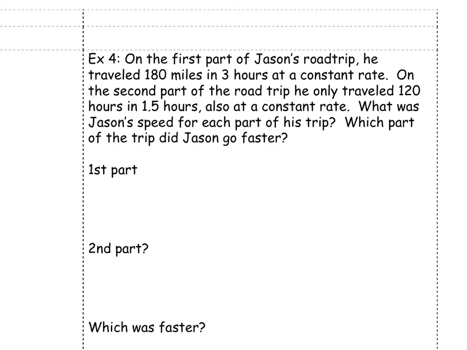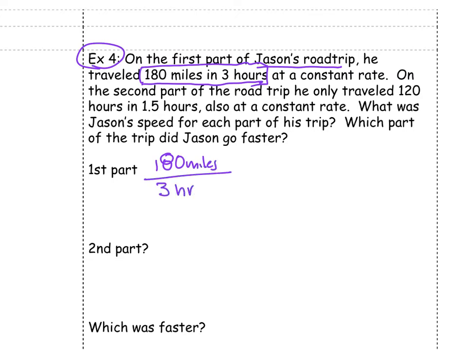All right, so for example 4, this is another road trip where there are 2 different parts. So the first part, Jason traveled 180 miles in 3 hours. So the rate is going to be 180 miles in 3 hours.